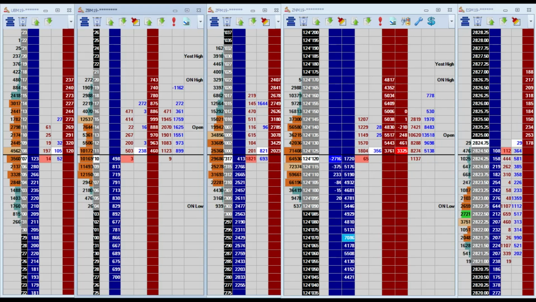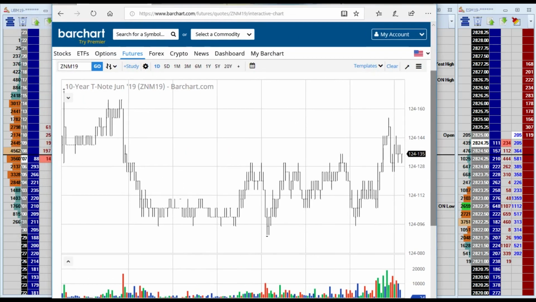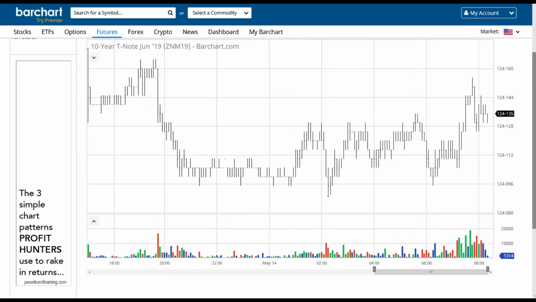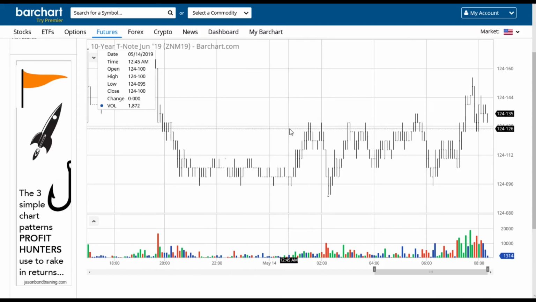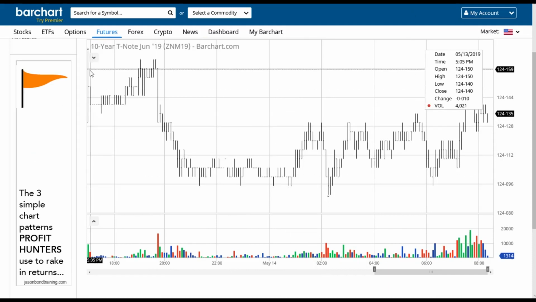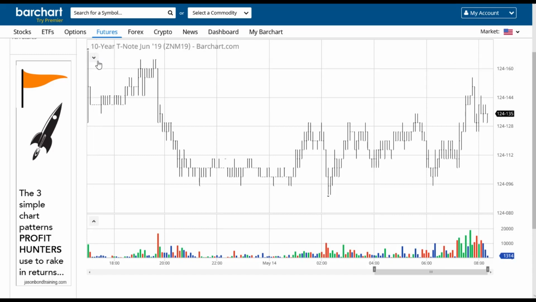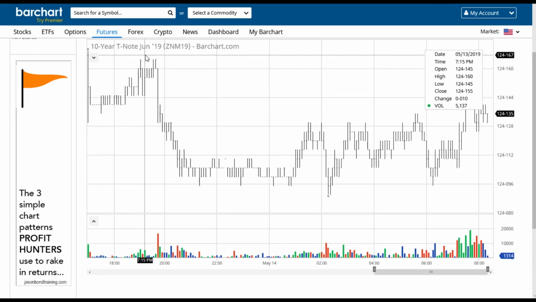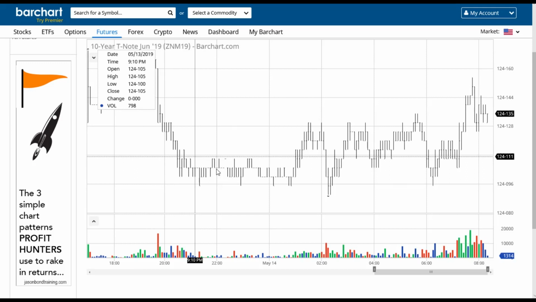Let's see what happened during the overnight. I'm going to bring a chart over. It's probably the only time I'll look at a chart, to be honest. So this is the ZN overnight action. It opened over here, spiked up, kind of bid back up to that level almost again, then sold back down, sort of went sideways.